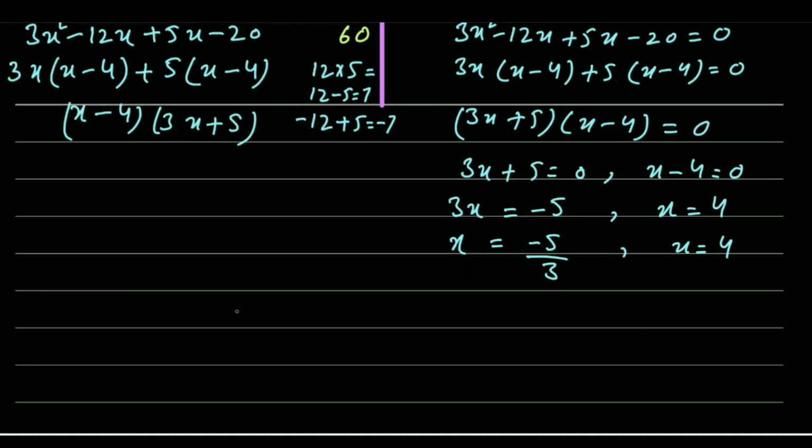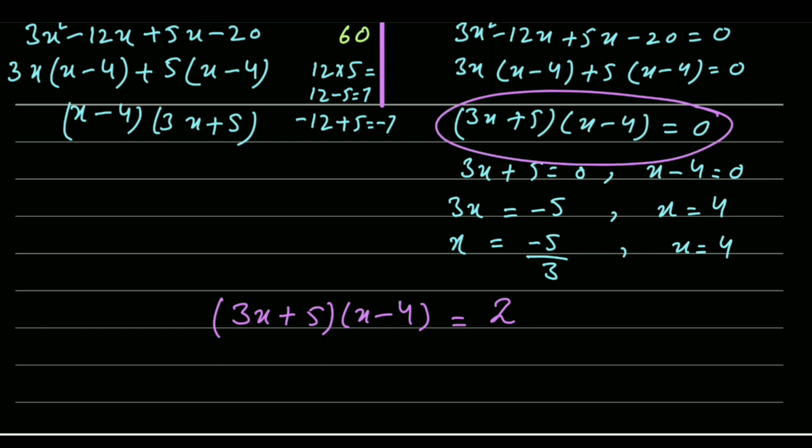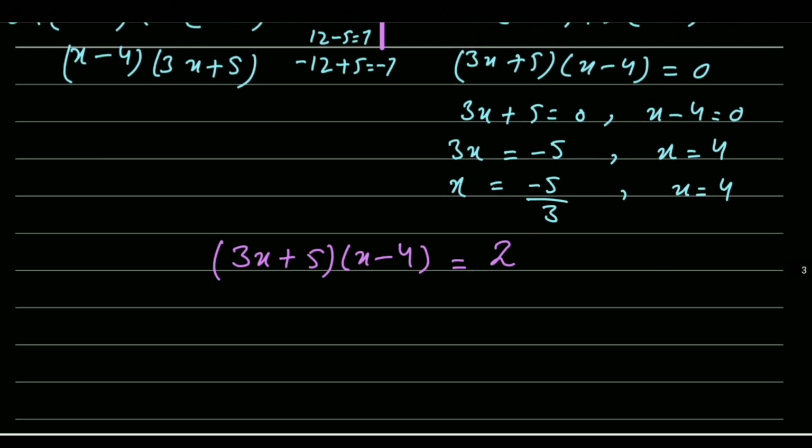So what if your brackets are not equal to 0, like if the question is 3x plus 5 into x minus 4 is equal to, you can say, 2. This rule is just for when your equation is equal to 0, then you can write these equations separately. Otherwise, if on the right hand side there is any value except 0, you cannot write them separately.